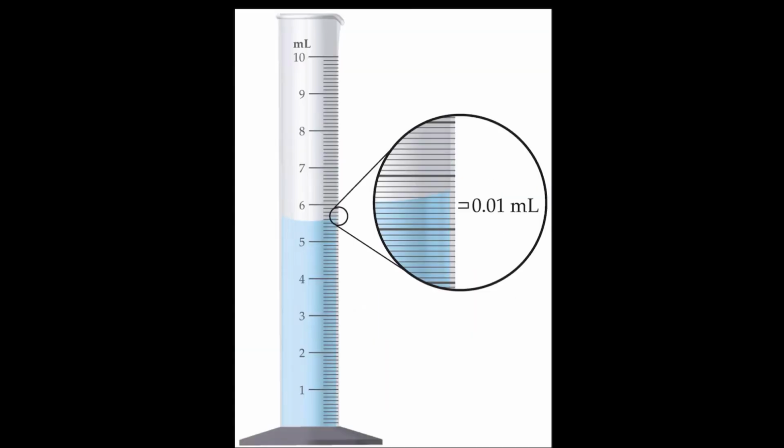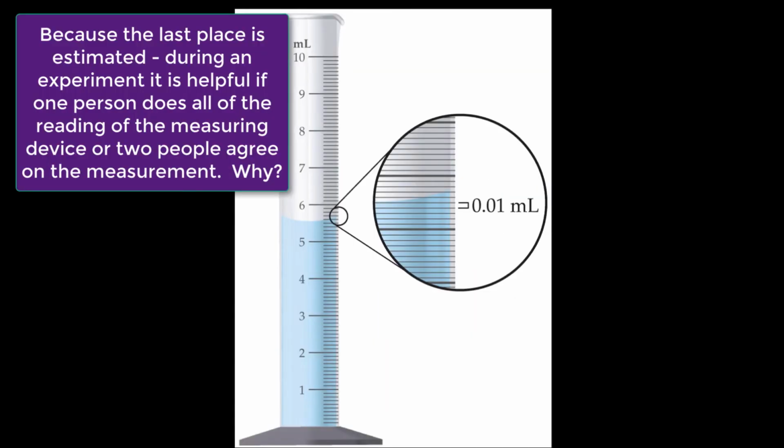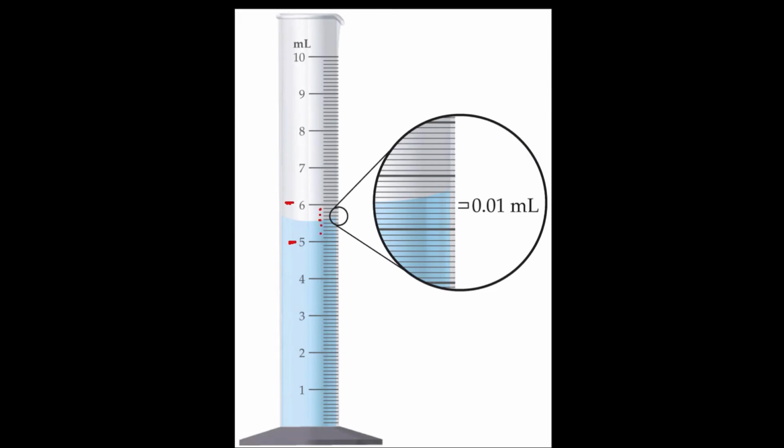All right, so further, right, going to something a little bit different. So this is 5, this is 6, and if we look here, these then are what graduation? Right, those are tenths. So we're at 5, by the way. This is water, right, which exhibits a meniscus. Where do we read that? Right, we would focus in on the very bottom part of the meniscus. So we are at 5.5.